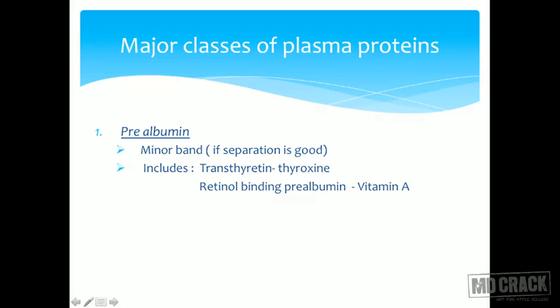Retinol binding pre-albumin is the protein that is responsible for the transport of vitamin A. Now this is only if the separation is good. If the separation is not good, both these proteins will be a part of other proteins only. It won't be separated out. So this is important from an exam MCQ point of view.